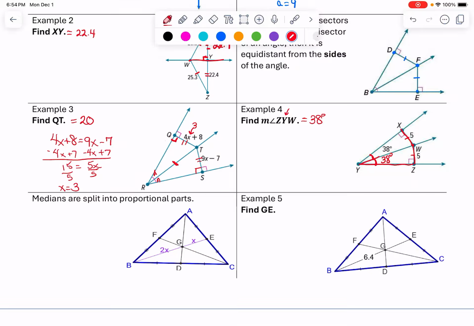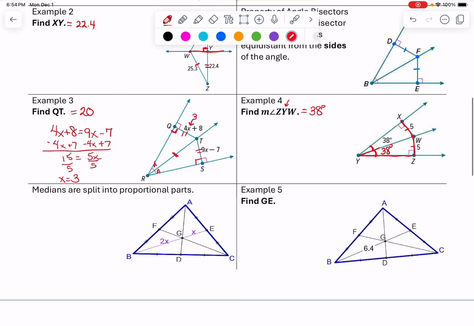Our third special segment was medians, and medians split a segment into proportional parts. So if I start with a median from B to the midpoint E of segment AC, then I notice that I get a longer portion and a shorter portion. The longer portion is twice as long as the shorter portion.